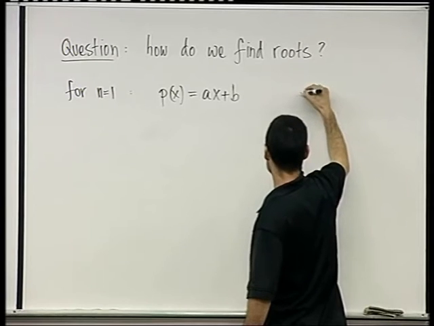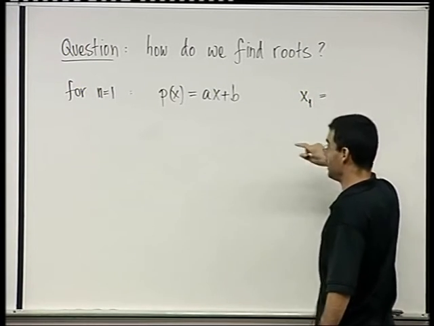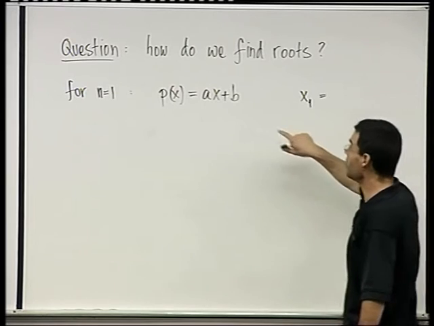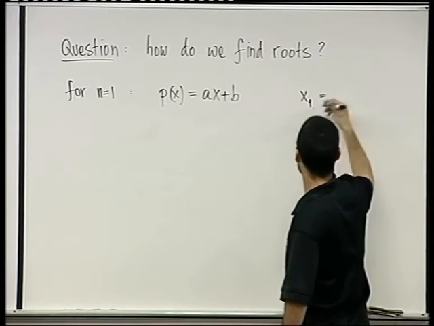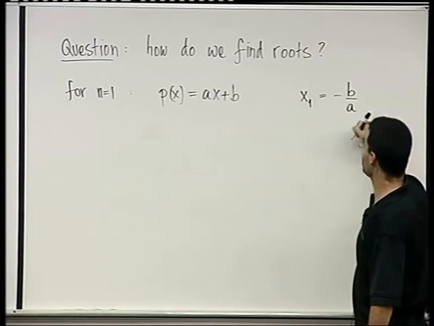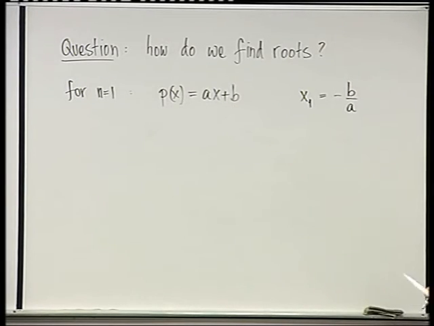It only has one root, x0, and it's always going to have a root, no matter what field you're working on, the reals or the complex numbers. This has to be 0, so x0 has to be minus b over a. Right? If you take minus b over a, plug it here, you get 0. So that's the situation for n equals 1.